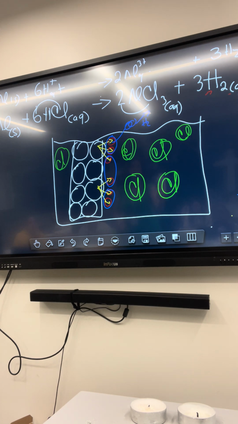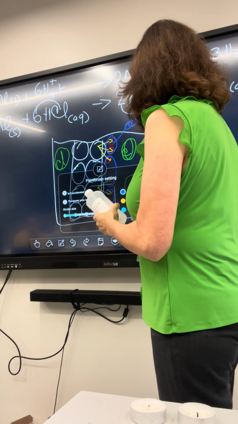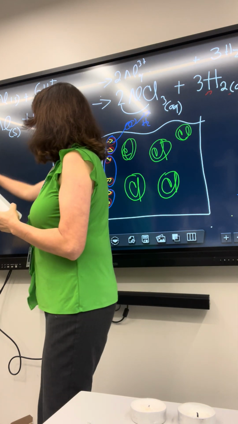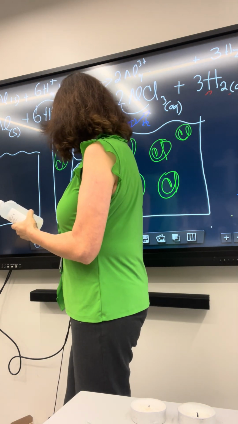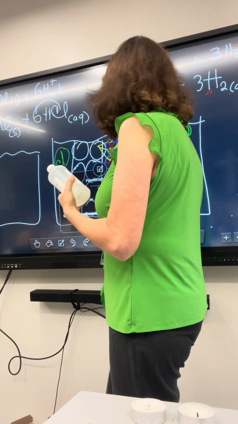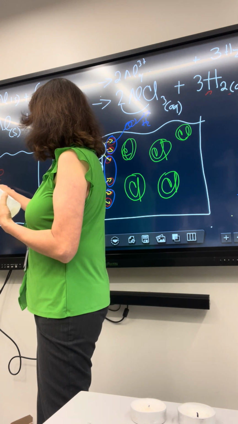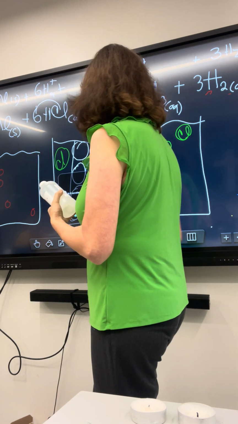I could just tell you this is hydrochloric. It's not. But in this bottle, assume it's hydrochloric. It will look exactly the same. I have hydrogen ions, and I have chloride ions.